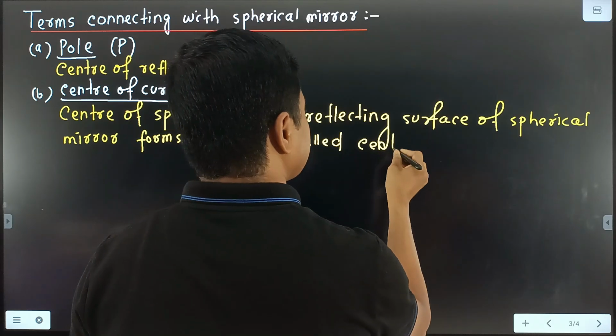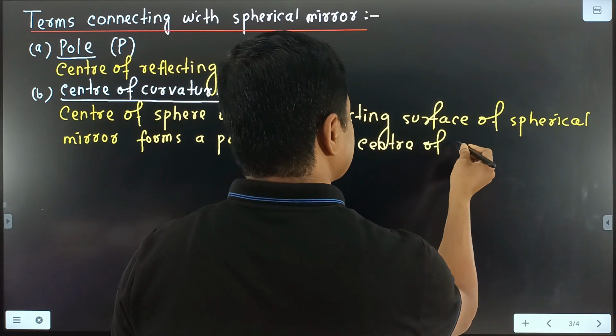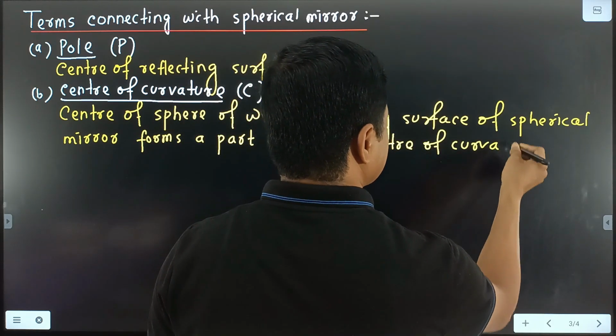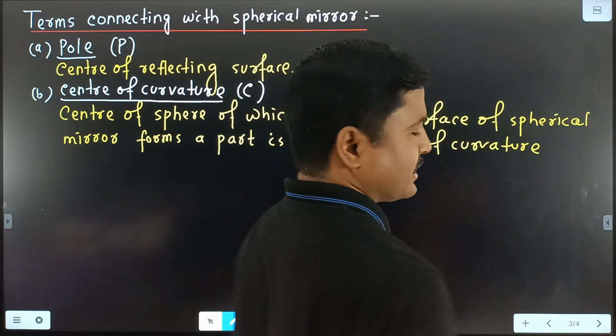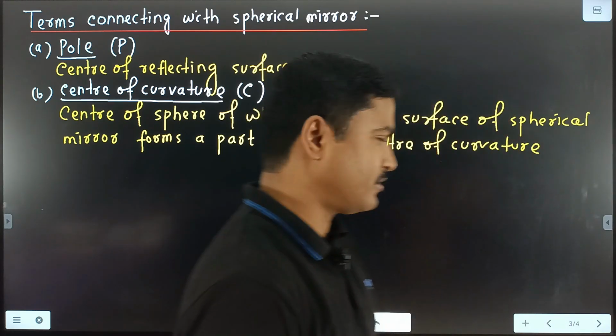Clear? That means same thing. Center of the sphere is known as the center of the curvature. Very simple.